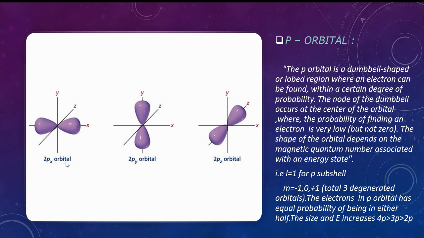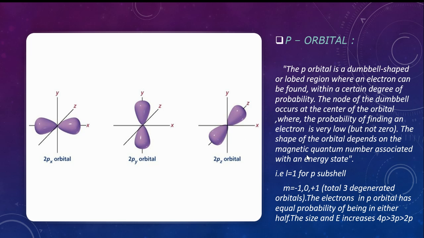The one oriented in the x direction is px, the one oriented in y is py, and the one oriented in z direction is the pz orbital. So the p orbital is a dumbbell shaped or lobed region where the electrons can be found within a certain degree of probability. The node of the dumbbell occurs at the center of the orbital, where the probability of finding the electron is very low.